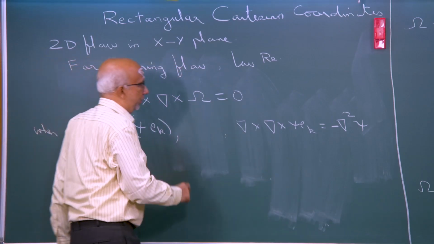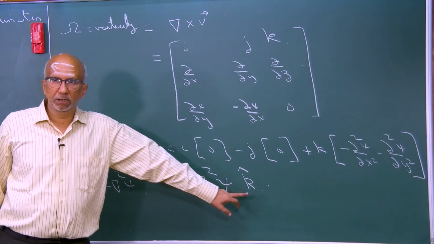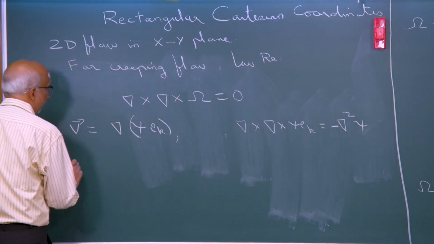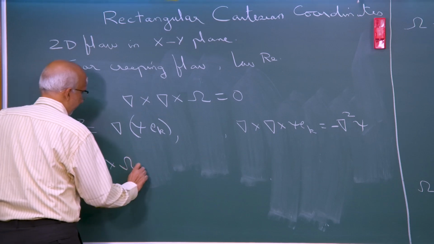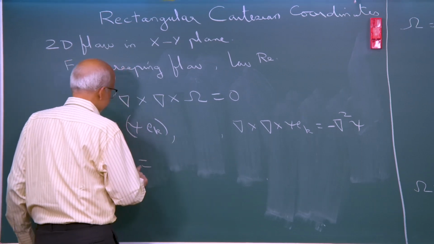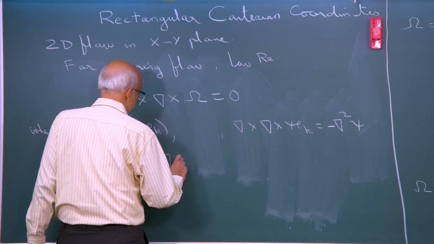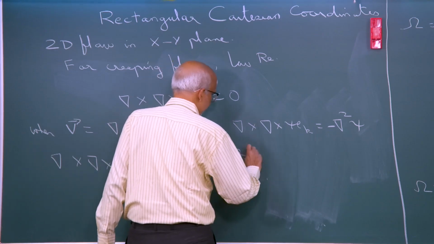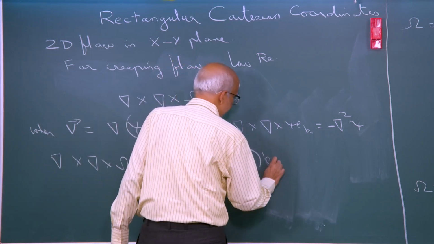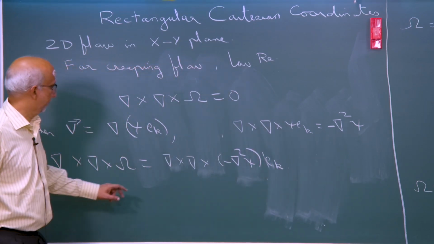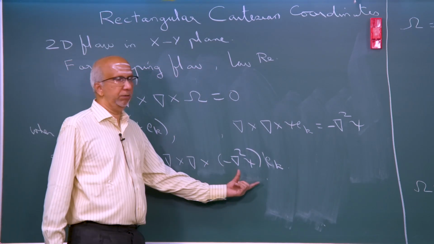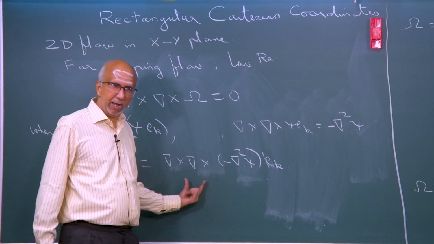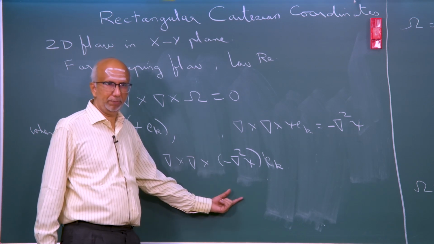And omega also has a vector in the k direction. So, what is curl of omega going to be? Omega is nothing but minus del square psi ek, unit vector in the k direction, and when this unit vector is in the k direction, this curl is going to give you one more minus del squared.